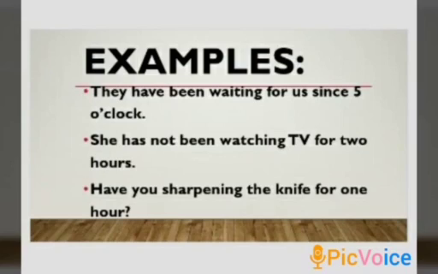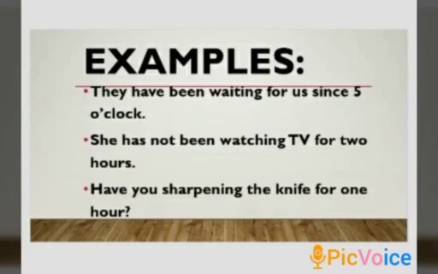Now students, look at these examples. They have been waiting for us since 5 o'clock. She has not been watching TV for 2 hours. Have you been sharpening the knife for 1 hour? From these examples it is clear which form of verb we use in present perfect continuous tense.